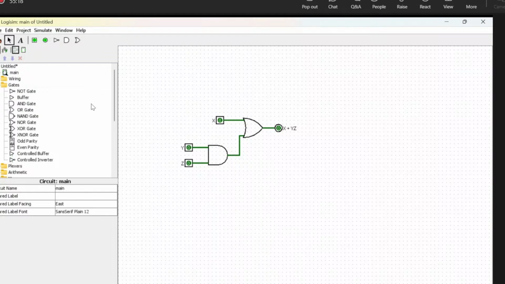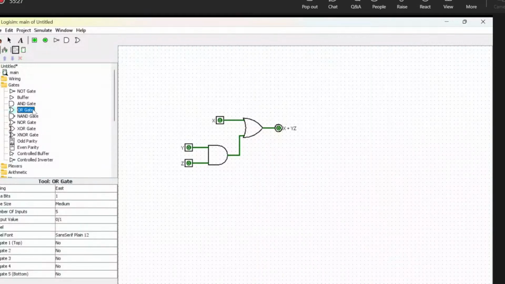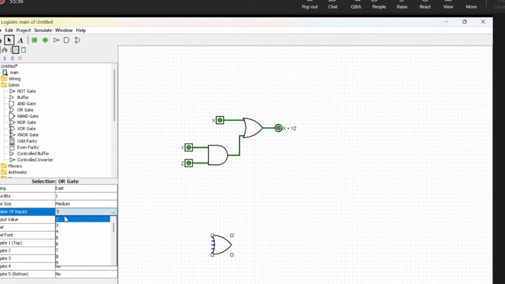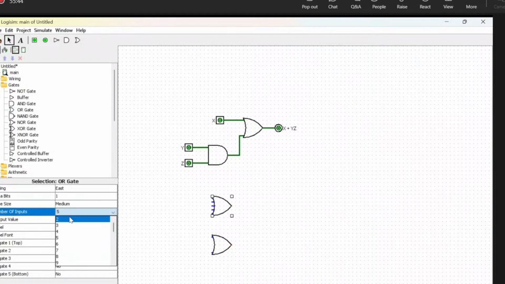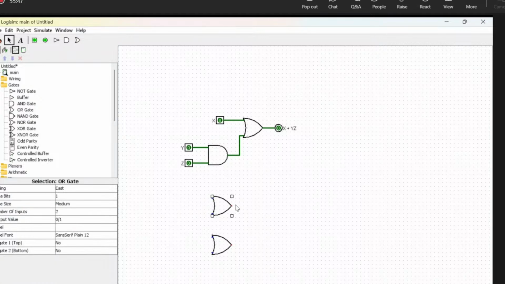Now the RHS was X plus Y into X plus Z. So I'll first take two OR gates. This will again have two nodes. And then an AND gate.